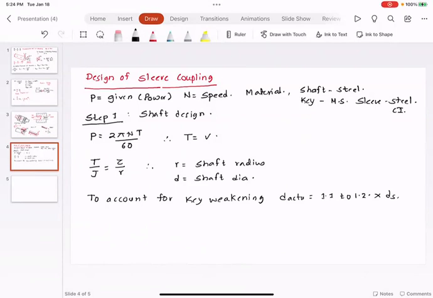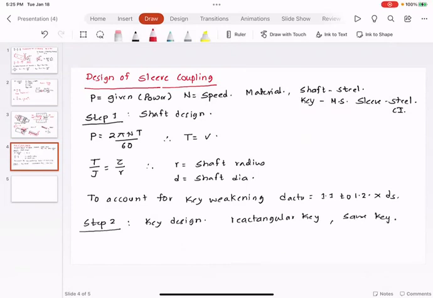Step two, we have to find out the design of key. There are two types of keys. One is a rectangular key, another one is a square key.